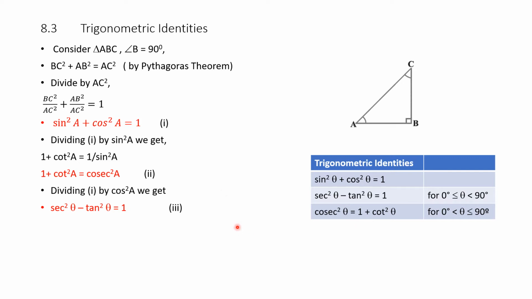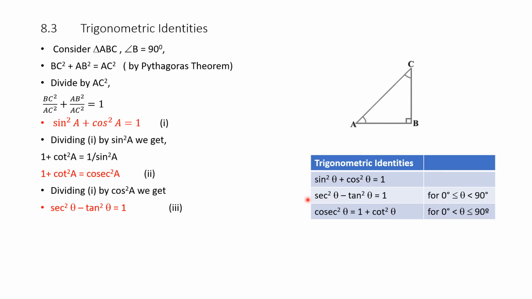Hence, we will rewrite and recollect these trigonometric identities. These are important. We use them many times in solving the numerical problems. So, all students are expected to remember the trigonometric ratios, the relationships and the trigonometric identities as well as complementary angles.